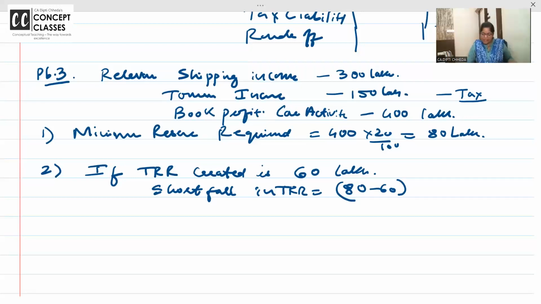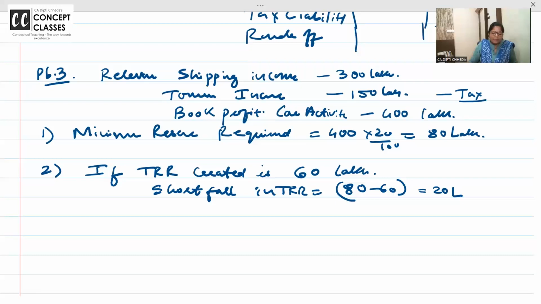That is how much? 20 lakhs. Shortfall in the TRR is 20 lakhs.